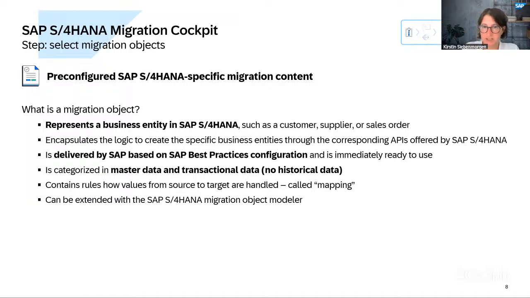You have master data and open transactional data. And as mentioned, it already contains the rules for how the values from the source to the target are handled. And you also have the possibility to do some value mapping, which we call the mapping. And if you have some specific requirements, you can extend the migration objects with the migration object modeler.